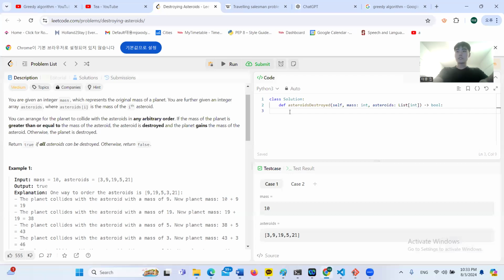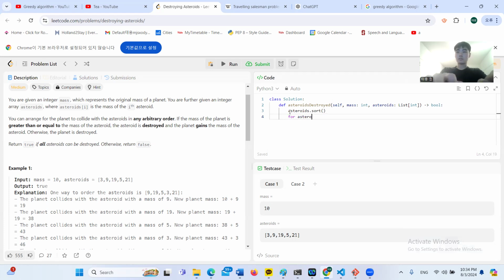Okay, let's try to solve it then. I think this one is really, really simple, although it's given a medium difficulty. So like I said, we just sort it in ascending order so that we encounter the smallest asteroids first, and that's the best optimal solution at any given stage, and that could be considered using greedy algorithms. And we iterate through each asteroid.